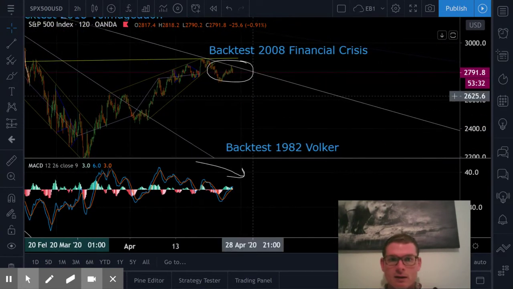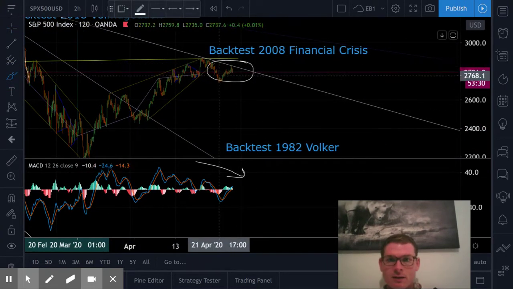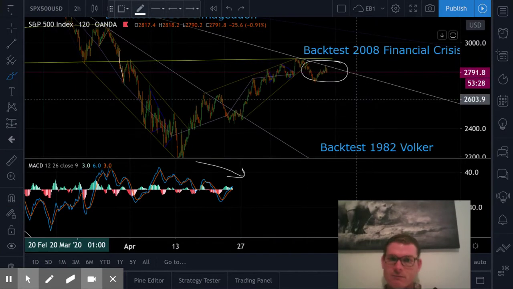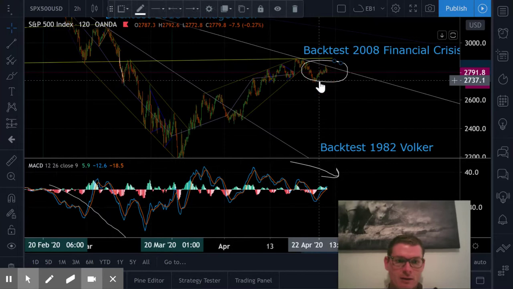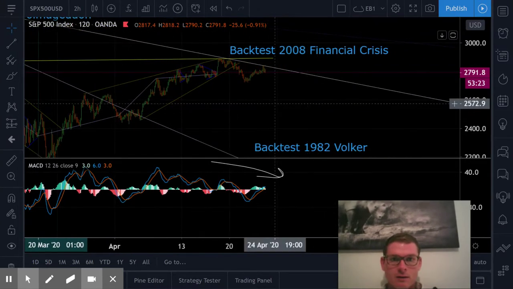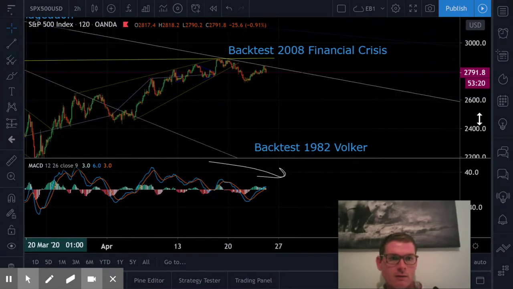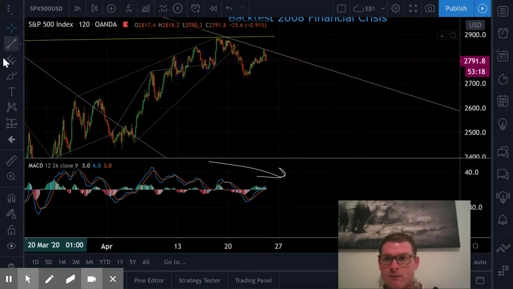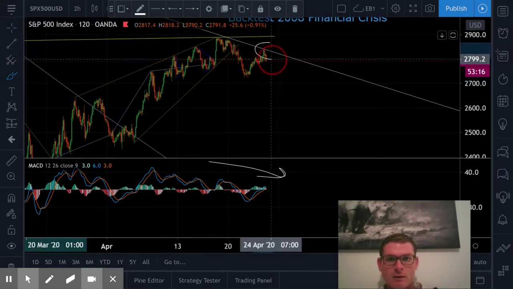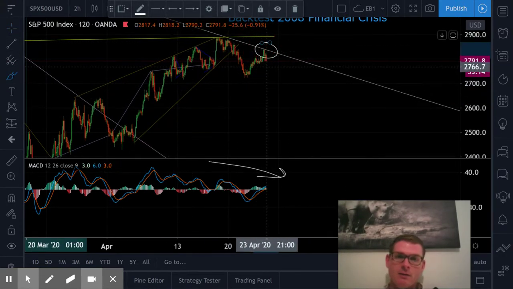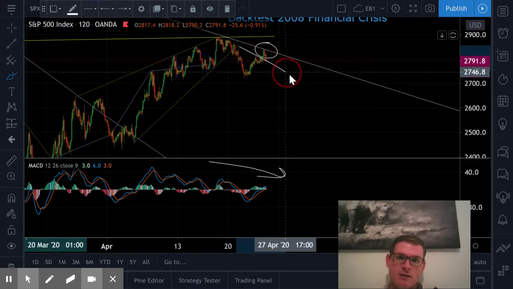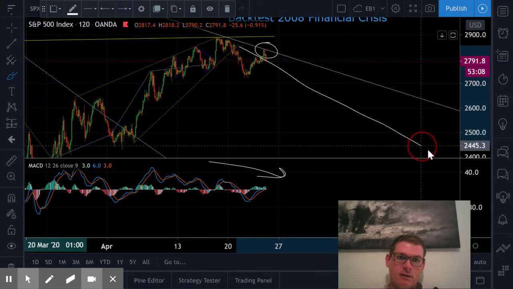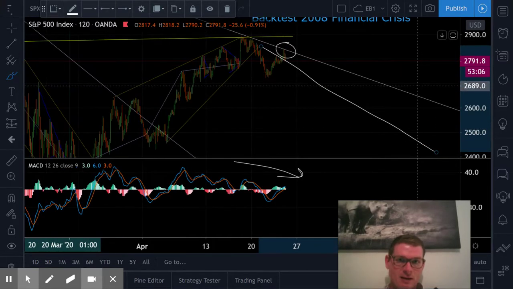So we got our candlestick up to the line here. And now we are trying to find our consolidation line down, which should be something like that.